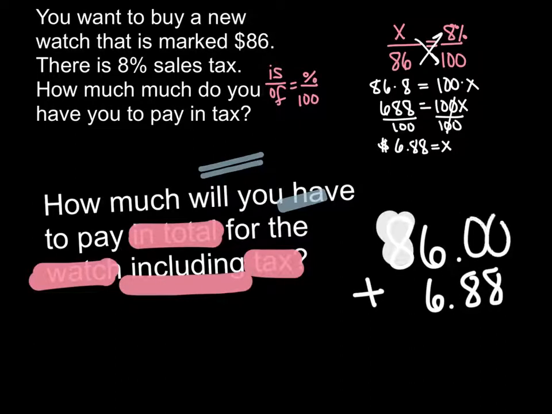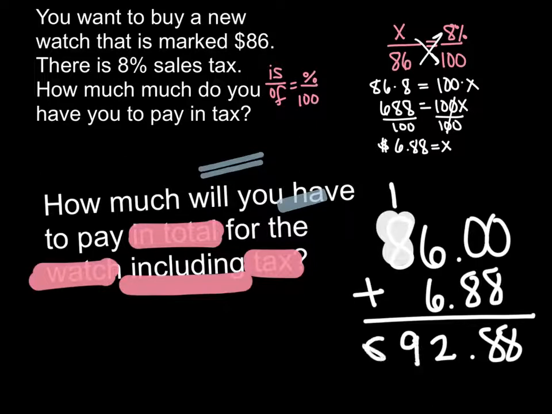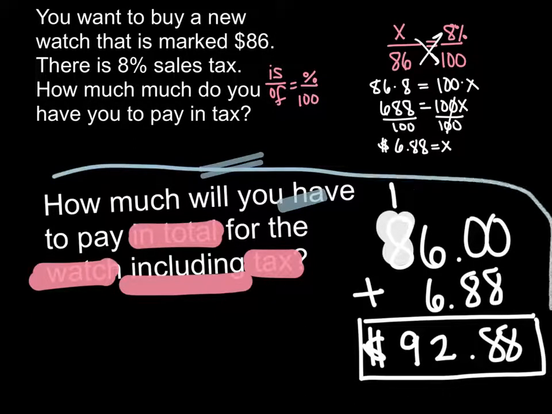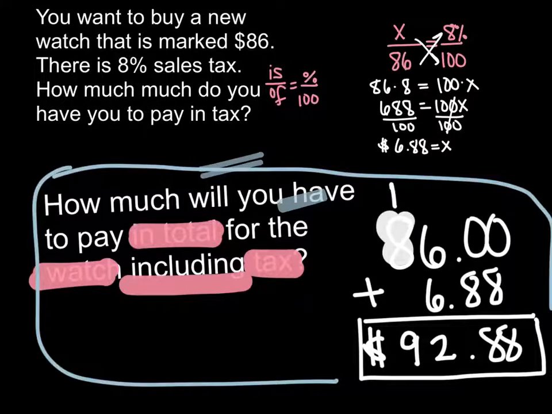Now I'm going to add those zeros there for us to notice our place value. So I'm going to have 6 plus 6 is 12. I will have to pay, in total, $92.88 for the watch, including tax. So this second part here is where we notice that this wasn't just a one-step problem, but it was two steps.